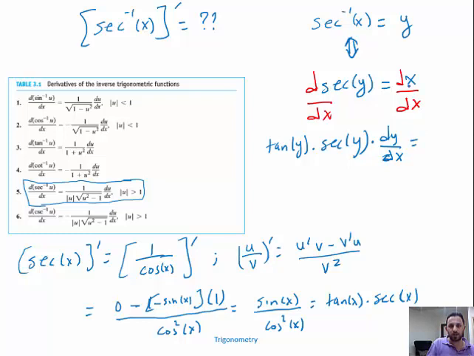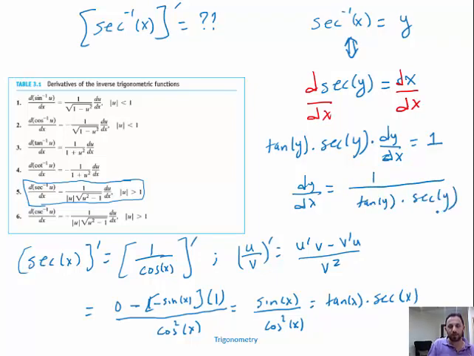Okay, dx by dx is equal to 1. Then dy by dx is equal to 1 over tangent y secant y.